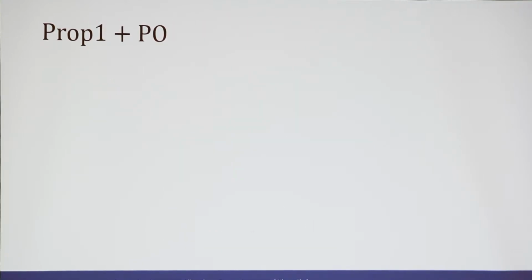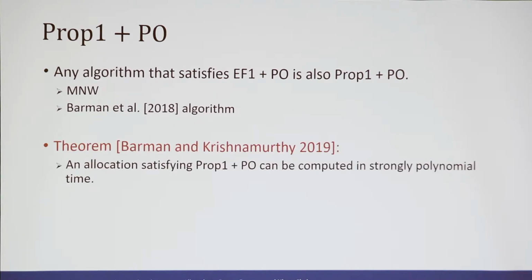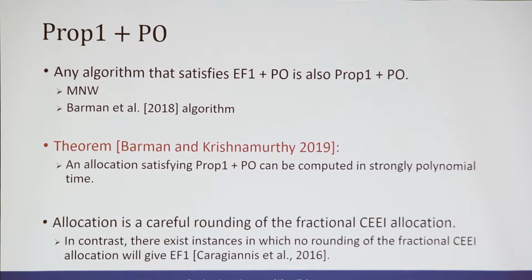And it turns out that this weakening is helpful from a computational perspective because we can actually satisfy prop 1 plus PO in strongly polynomial time. And the way that we can do this is construct a CEI allocation. A CEI allocation might be fractional, right? So it's not valid for our indivisible good setting.